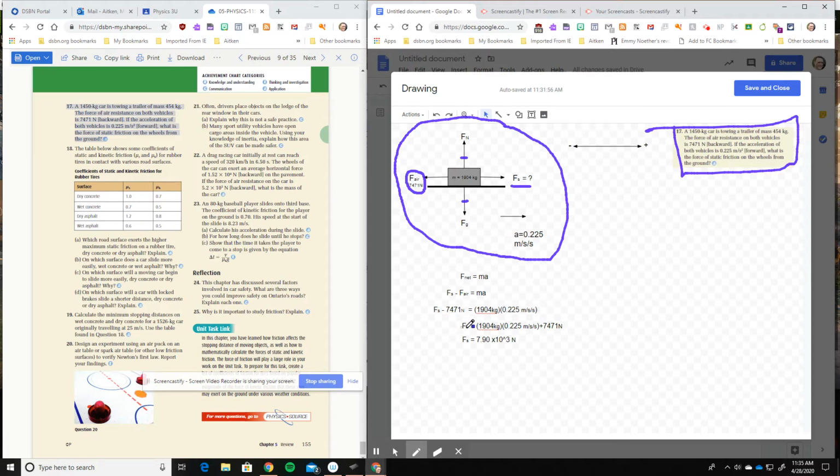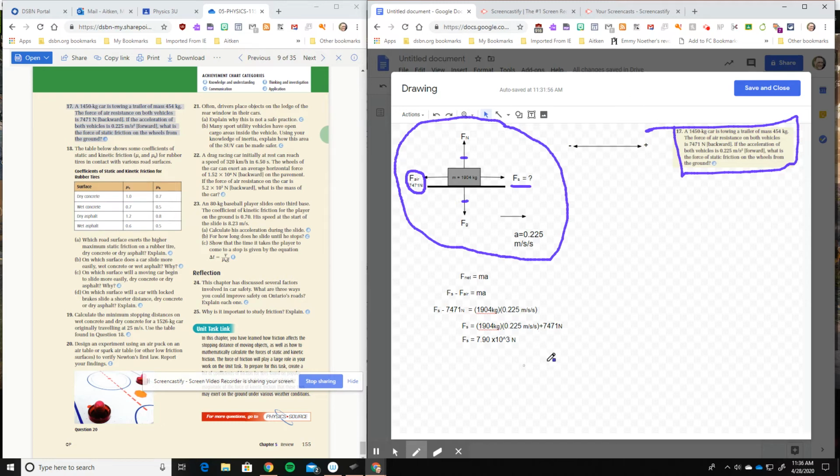Now, I rearrange the equation for static friction, essentially adding 7,471 newtons to both sides, and I get a combined force that the static friction has to give me of 7.90 times 10 to the 3 newtons if I round this off to 3 significant figures as I need to. There's 3 significant figures there, 3 there, 3 there, 4 there. So I have to defer to 3 significant figures.